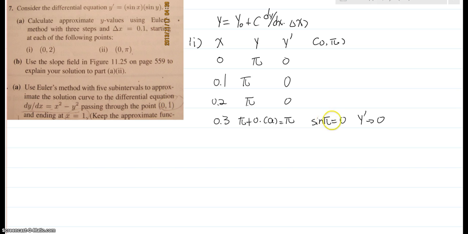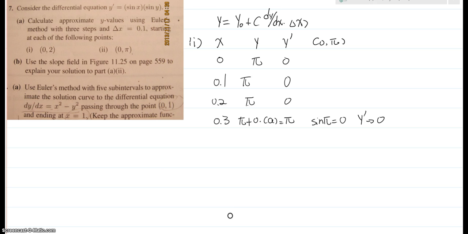Isn't this interesting? Therefore, they ask in B to use the slope field in figure 11.25 on page 59 to explain your solution in part A, number 2. But in this case, you don't have to use the slope field to explain what happened here. You can just think about it.